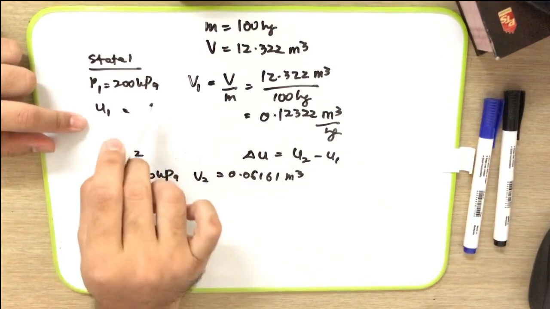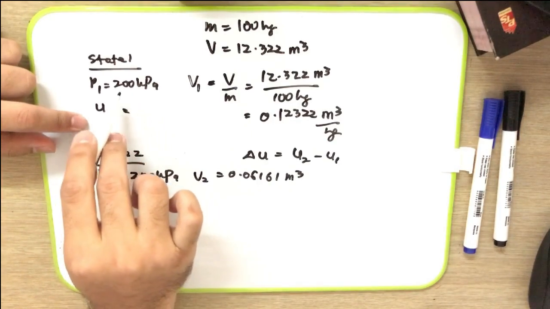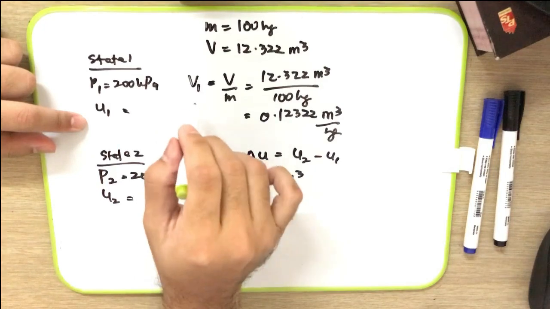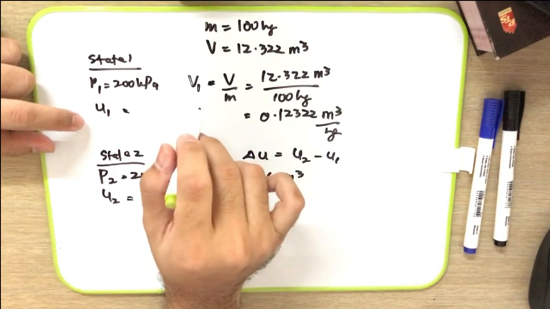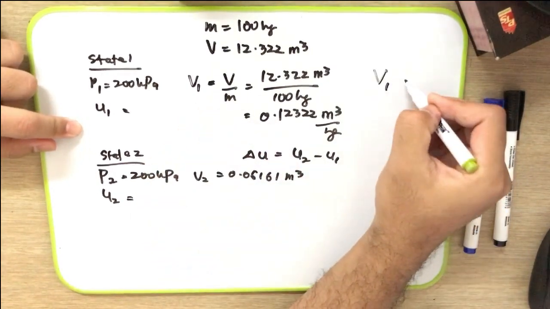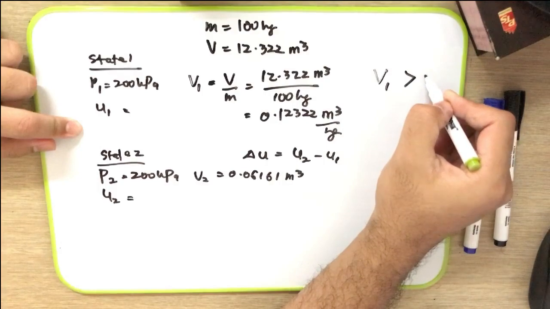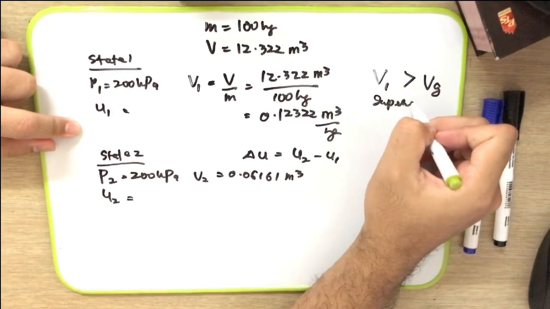So we check at table A12 at 200 kilopascal. We check whether this V1 is between VF and VG or not. After we checked, we found that V1 is higher than VG, so it is superheated.